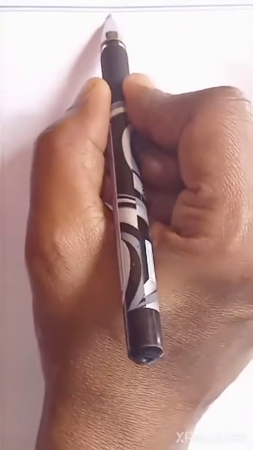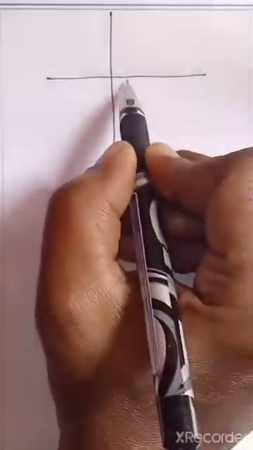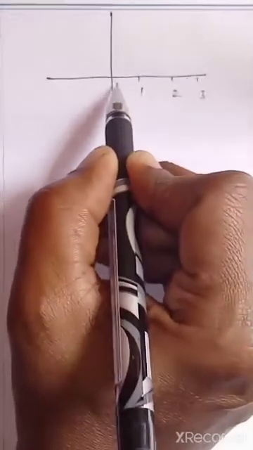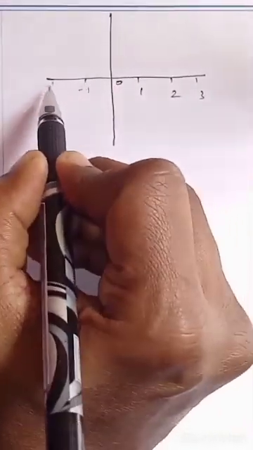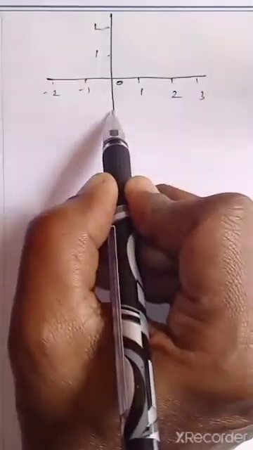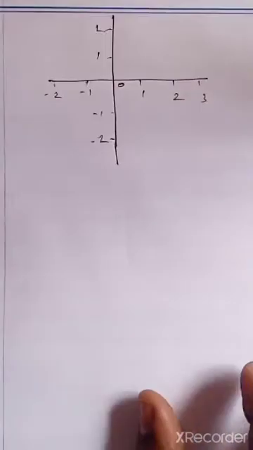So we can draw the x-axis, y-axis, and 0, 1, 2, 3, minus 1, minus 2. 1, 2, minus 1, minus 2.